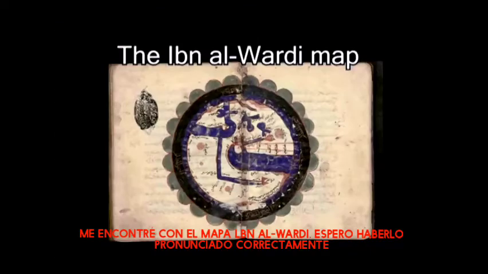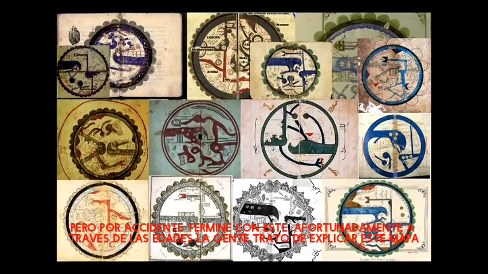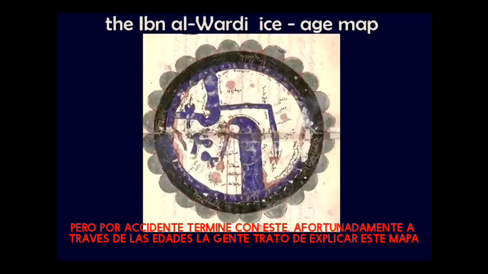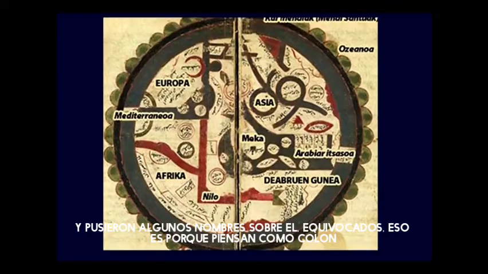I hope I pronounced that correctly. There are different versions of it, probably all copies of the original one, but by accident I ended up with this one, luckily. Through the ages, people tried to explain this map, and they put some names on it.